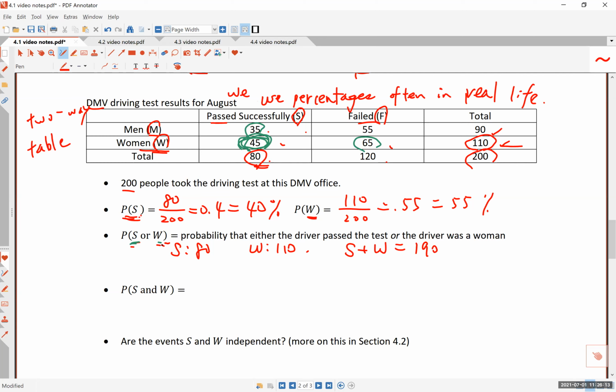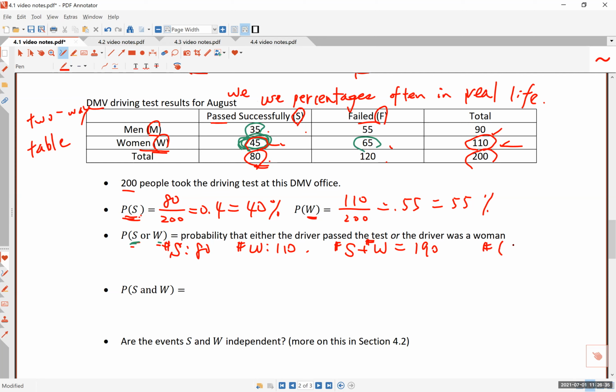I don't want to write S. S is the name of the event, right? So I'm going to put number of people in S, number of people in W. If you add these two numbers, you get 190. That's not the number of people that we are interested in. So what you have to do is subtract these people that we counted twice, right?